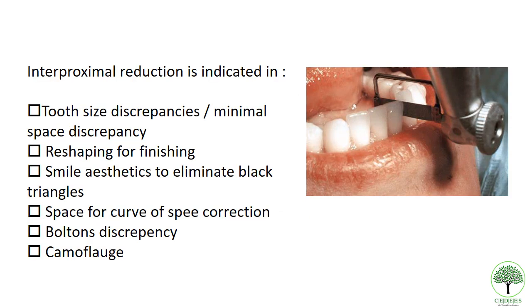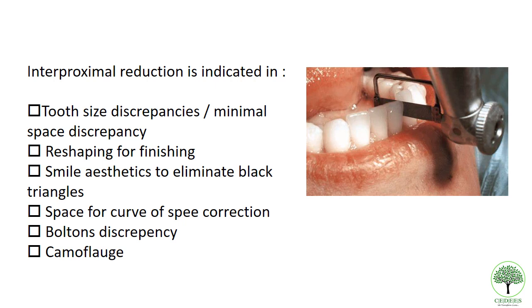This slide is in relation to the question that was asked in the OrthoIncisal, which was I think question number 33, which spoke about interproximal reduction or proximal stripping. It's also known as slenderization or slicing. Now interproximal reduction is indicated in cases that have tooth size discrepancies or minimal space discrepancy.